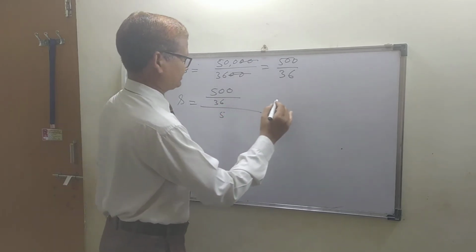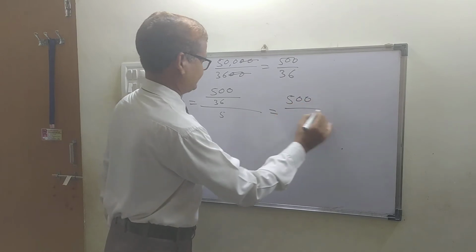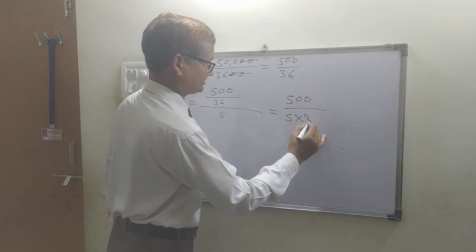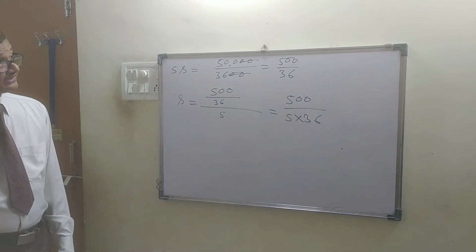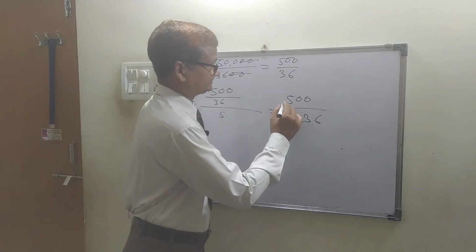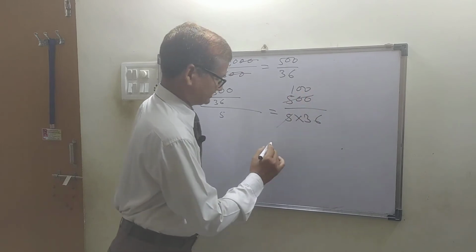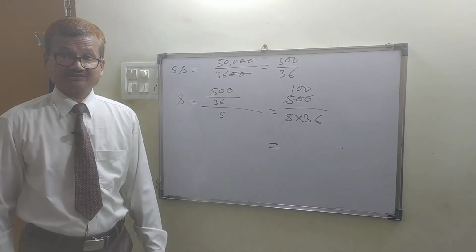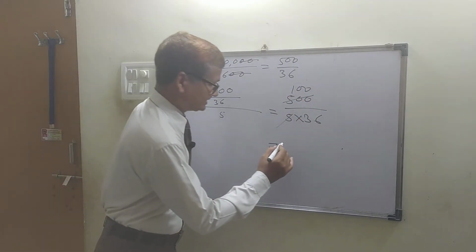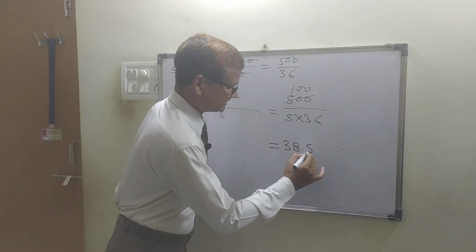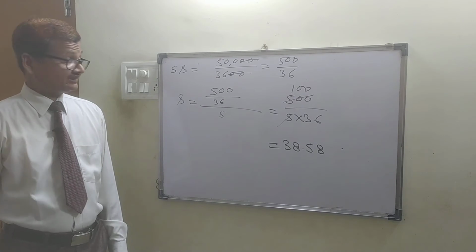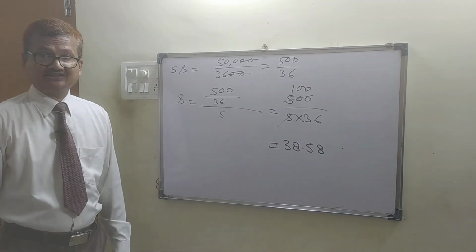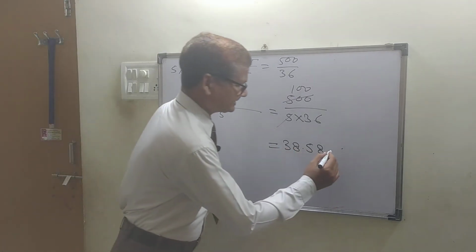This will be equal to 500 upon 5 into 36, and after simplification you will get your answer 38.58, and the SI unit will be meter.